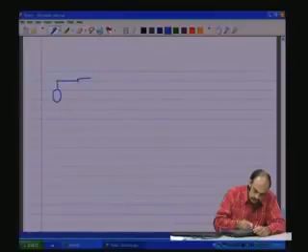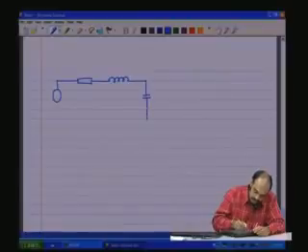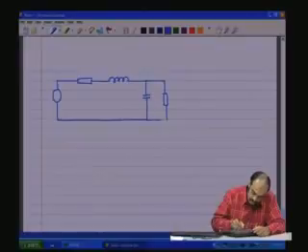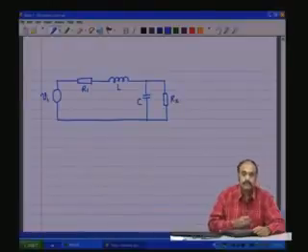You have R, you have L, you have C, you have, let us say, another R, which is drawn like that. So, this is R1, L, C, R2, and then you have a VI.